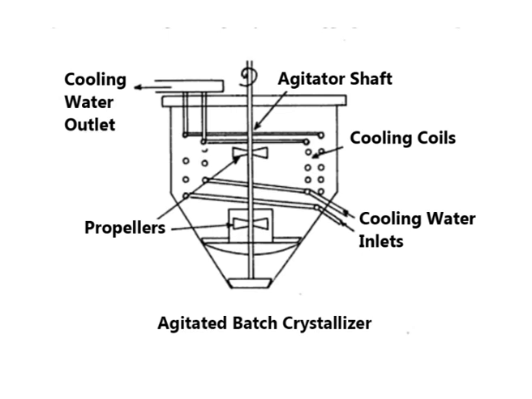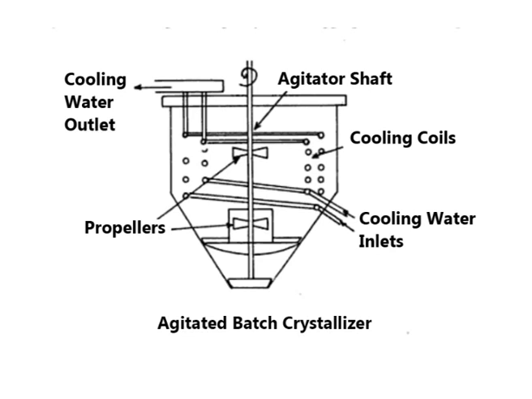The solution is placed in the crystallizer and cold water is circulated through the cooling coils. The solution is agitated by propellers on the central shaft, and this agitation performs two functions. First, it increases the rate of heat transfer and keeps the temperature of the solution more nearly uniform.